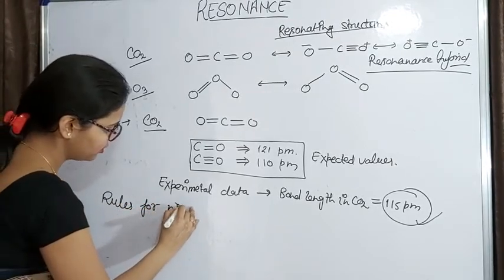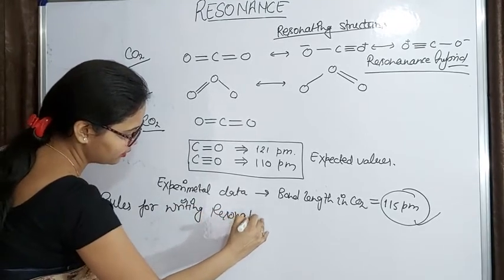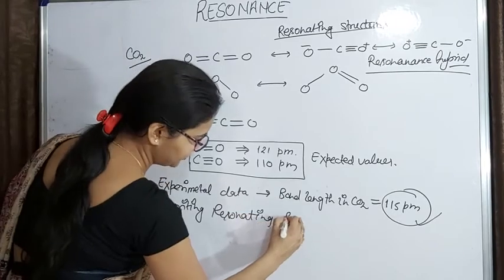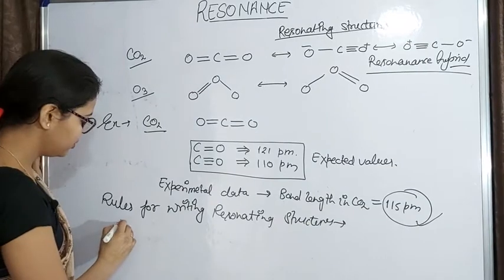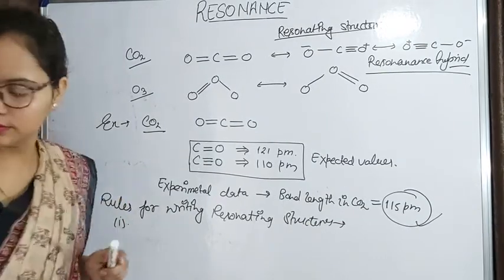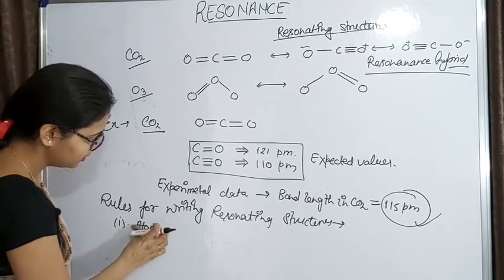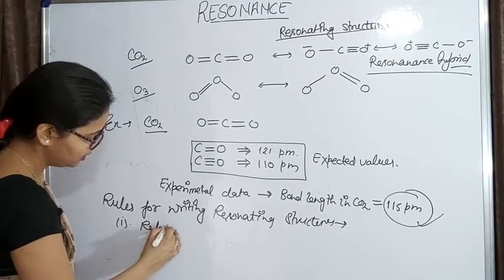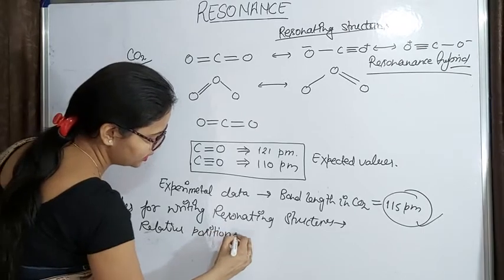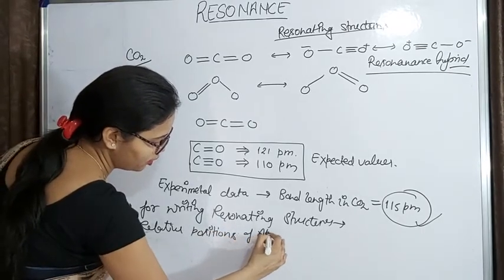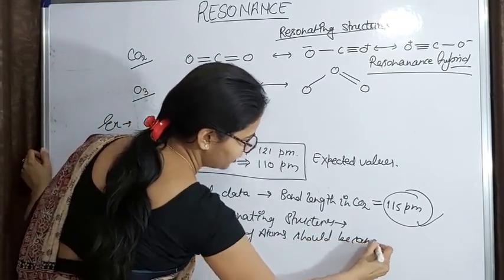Rules for writing resonating structures. The first rule is that the relative positions of atoms should be the same.